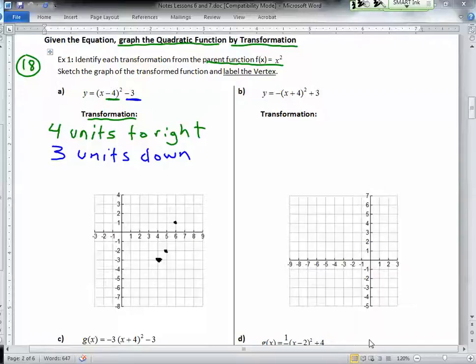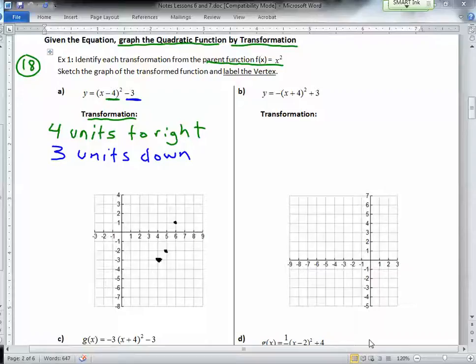So remember our original graph. If you flip back on the front page, from your vertex to find your other points, you went right 1, up 1. And then from your vertex, you went right 2, up 4. I'm doing that. How did I get my vertex? I applied these transformations to it: 4 to the right and 3 units down from my origin.